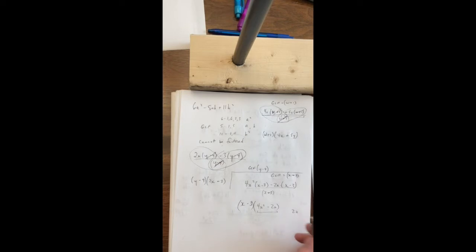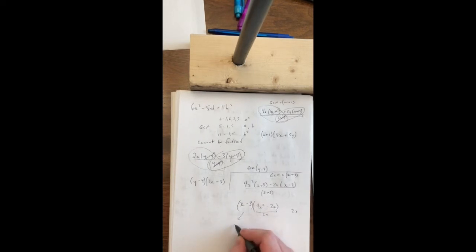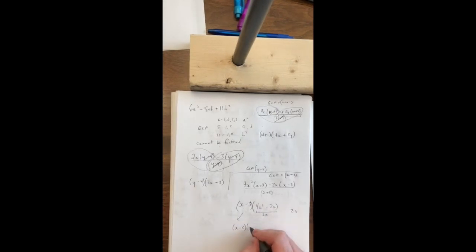And when we do that, if I divide this up by 2x, so we already have this factor, and we have another factor here, 2x, that's our GCF.